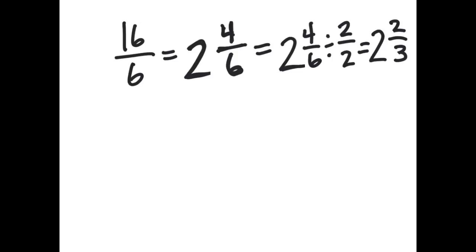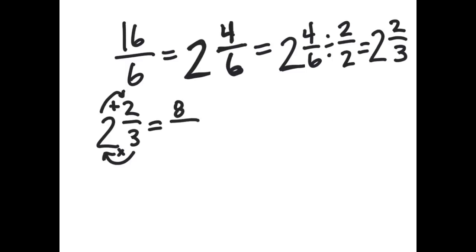So let's take that 2 2/3 and let's go ahead and change it into an improper fraction. So I have 2 times 3, I multiply, which is 6, and then I'm going to add the 2. So 2 times 3 is 6, plus 2 is 8, and then I get 8 over 3. Well, that's not what we originally had.